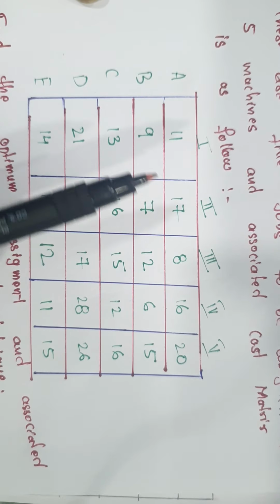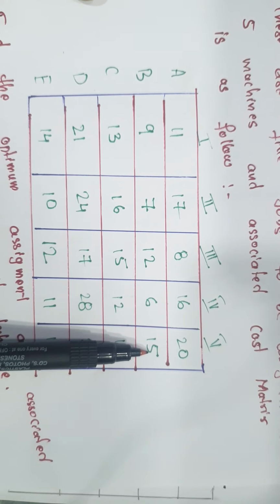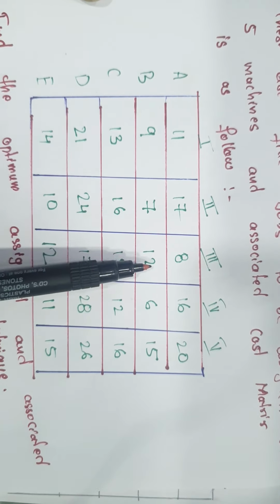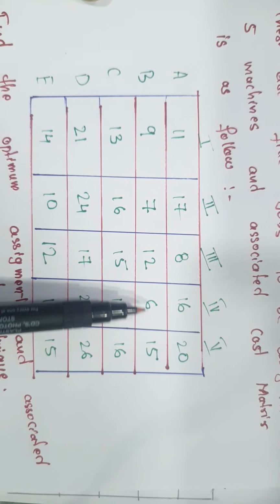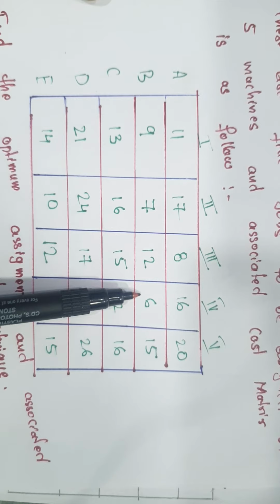Next is row 2: 9, 7, 12, 6, 15. Which one is the least value? 6 is the least value.